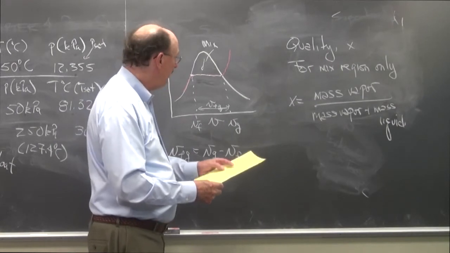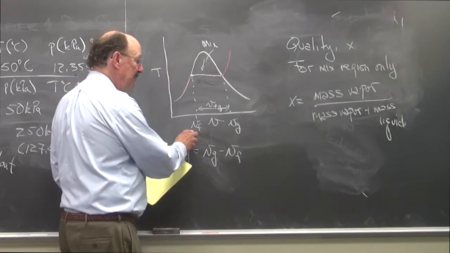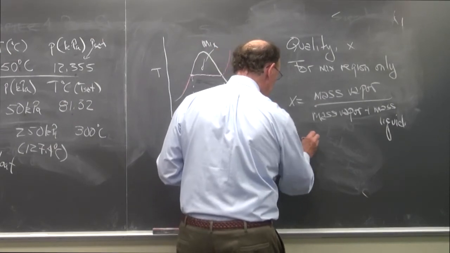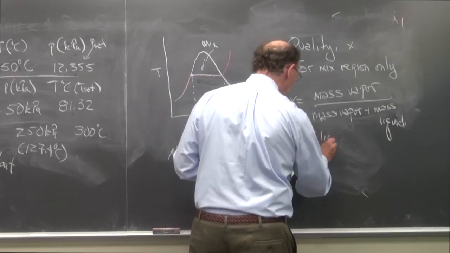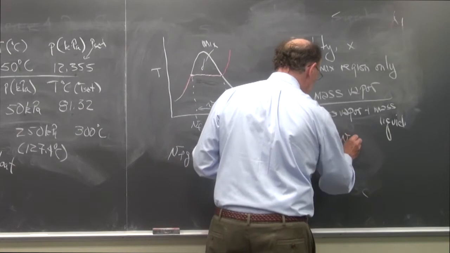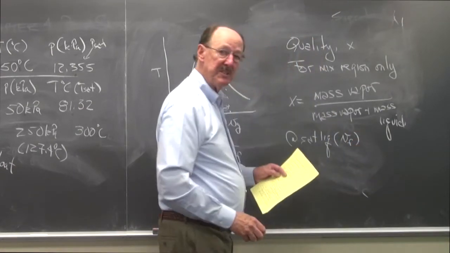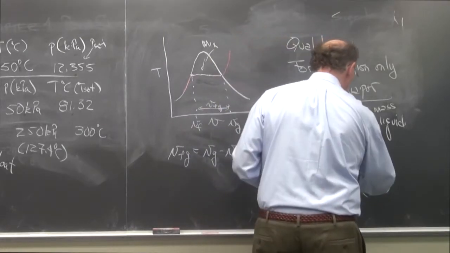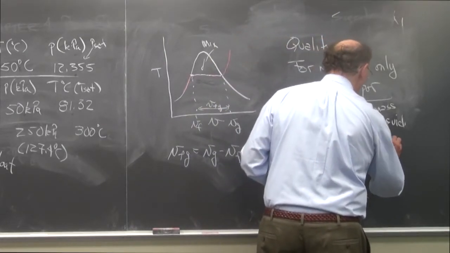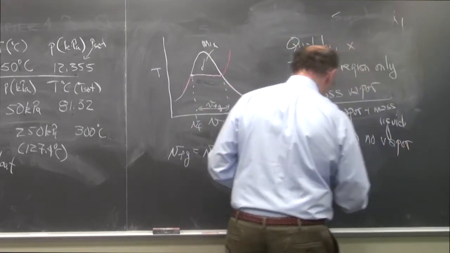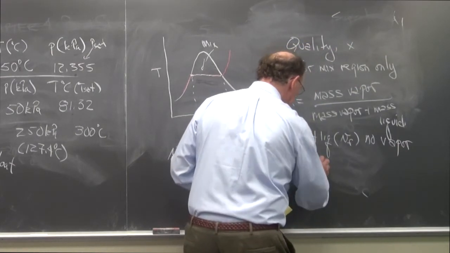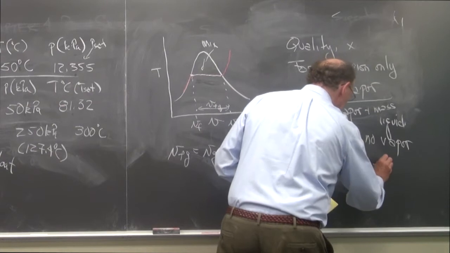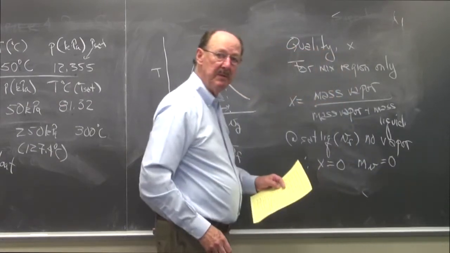And so if I start out at V sub F as a saturated liquid, I'll just say V sub F as an example, for a saturated liquid, there's no vapor. Therefore, X is equal to 0, because the mass of vapor is equal to 0.